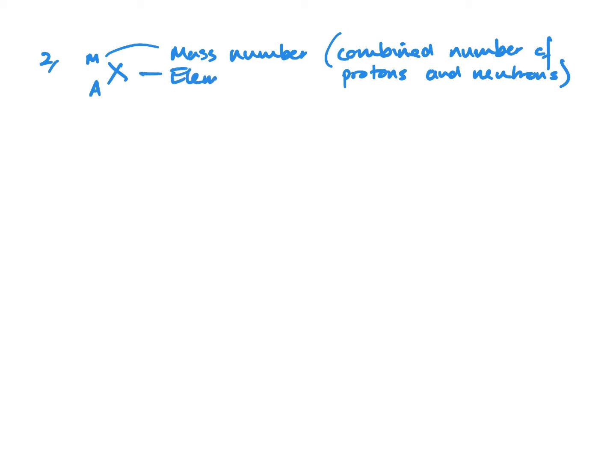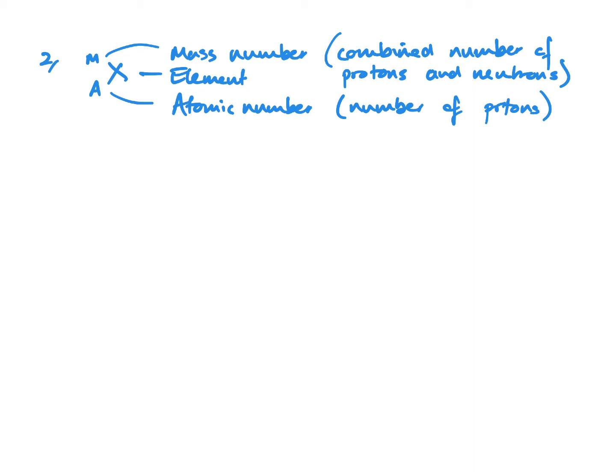X is the element, and A is the atomic number, which is the number of protons, which is what defines each element. So any material with, for example, 6 protons is what we call carbon. Doesn't matter how many neutrons, so we can get isotopes with different numbers of neutrons, but the atomic number defines the element.